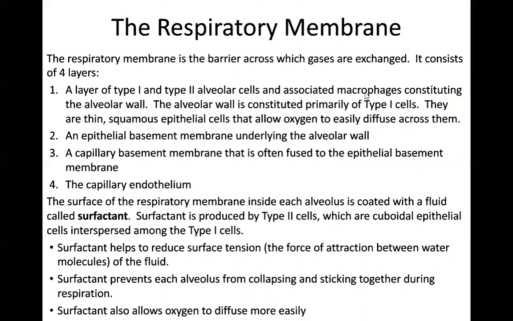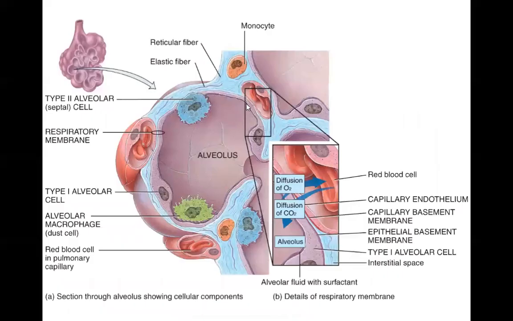There's also macrophages, but really type 1s and type 2s, as far as breathing, are the most important. Type 1s constitute the majority of the alveolus's wall. Okay, you see here's one type 1 cell. Here's another. Basically, that's what's forming the outer wall of an alveolus.